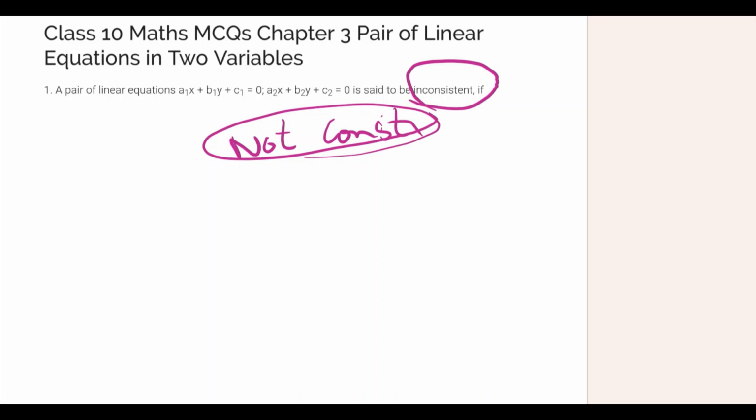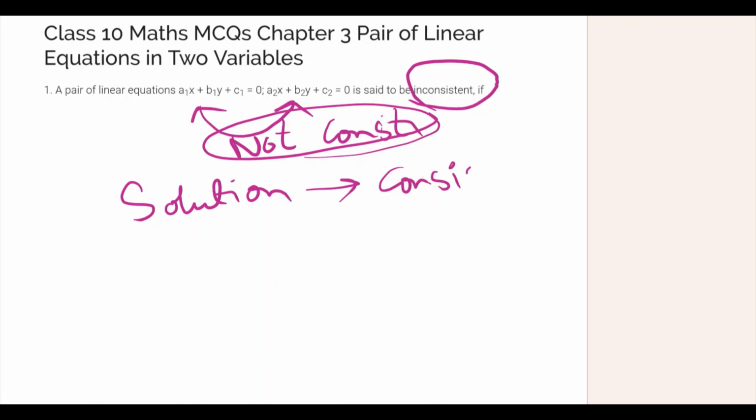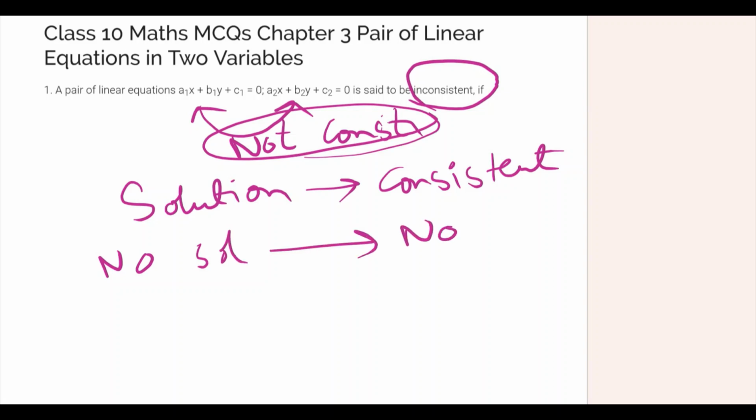So for this, whenever we solve two equations, if a solution exists, we say it is consistent, or else it is not consistent. So no solution, no consistency.